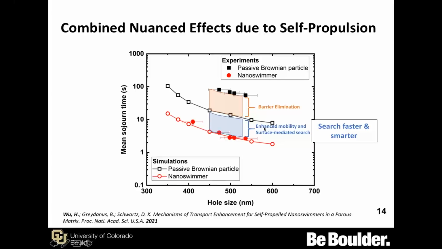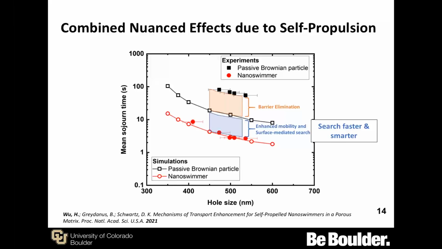And the second part is what we discussed previously, the enhanced mobility and surface-mediated search, which means particles are able to search faster and search smarter in this confinement. Searching faster is because confinement exaggerates the concentration gradient difference, which makes the self-propulsion effect more significant.